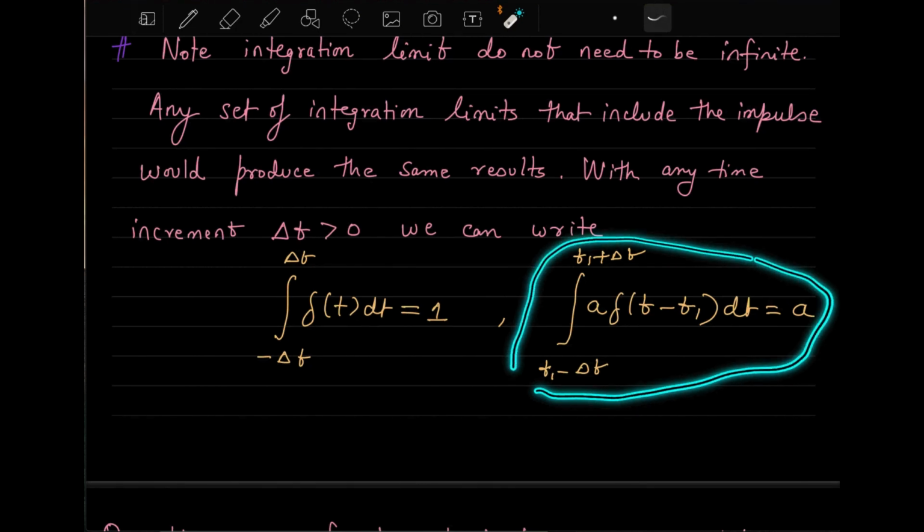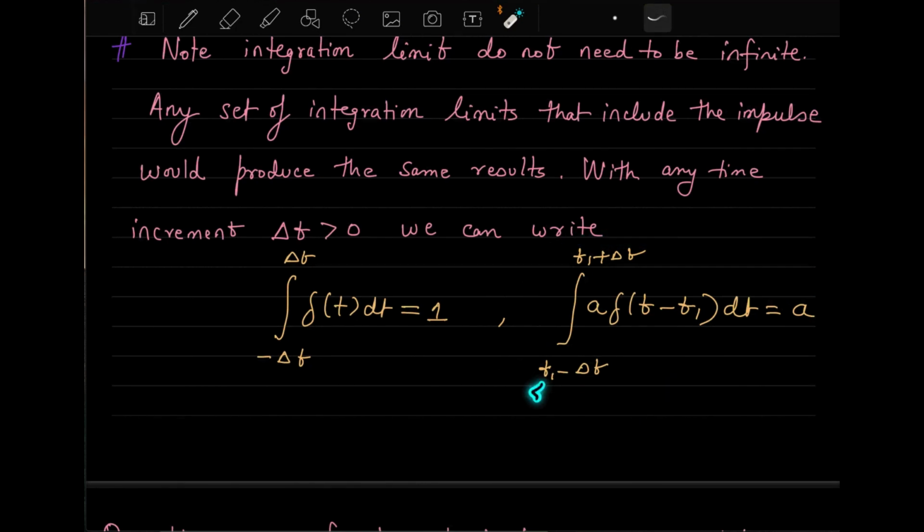Same goes with this. You have something t1, because this time t1 is the shifted value. So if you take minus delta t and plus delta t around this t1, then you will get the value of a.